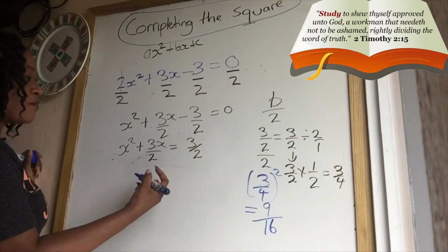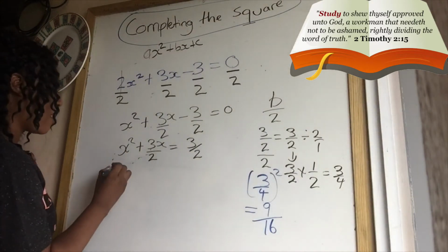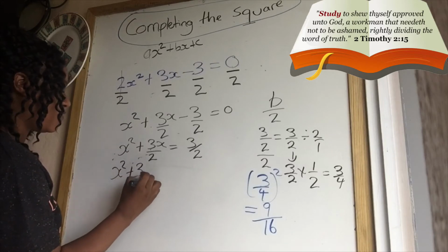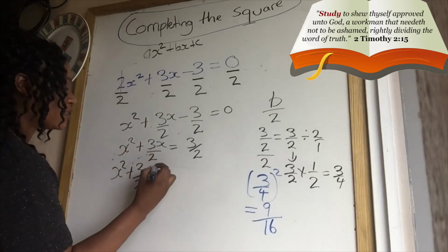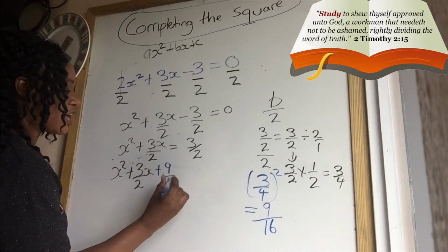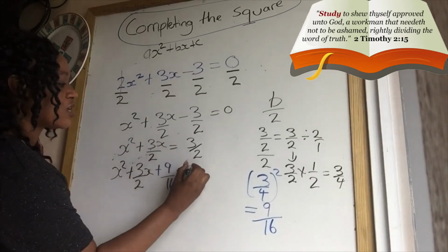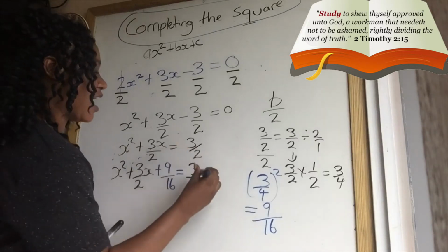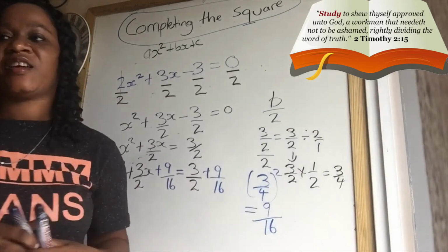So our new constant will now be, so we're going to have x squared plus 3 divided by 2x, plus 9 over 16. You're going to add your 9 over 16.